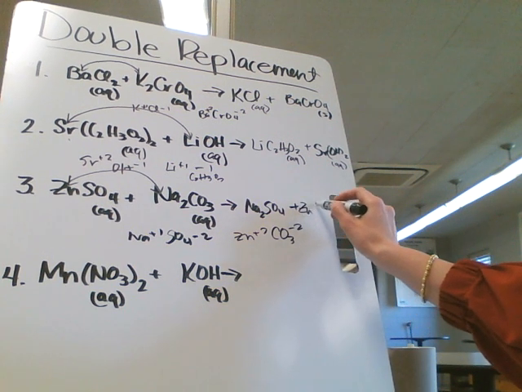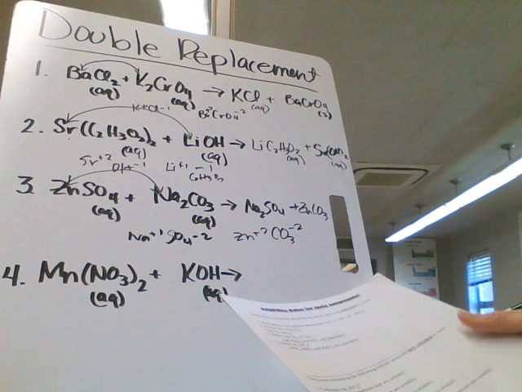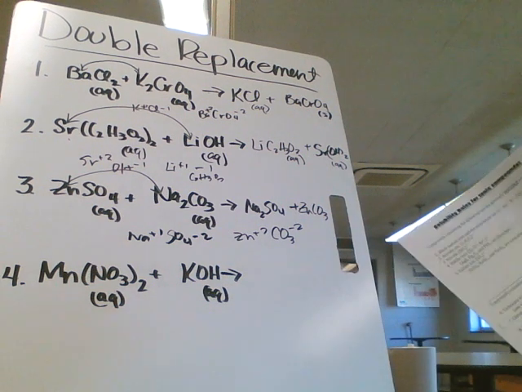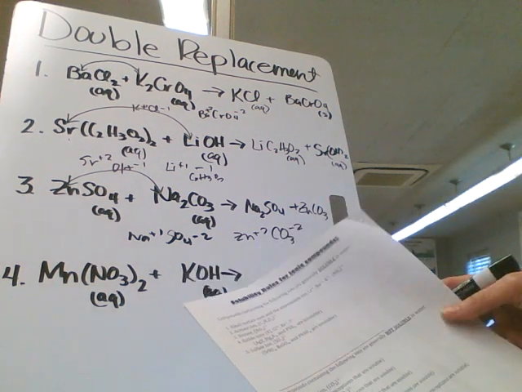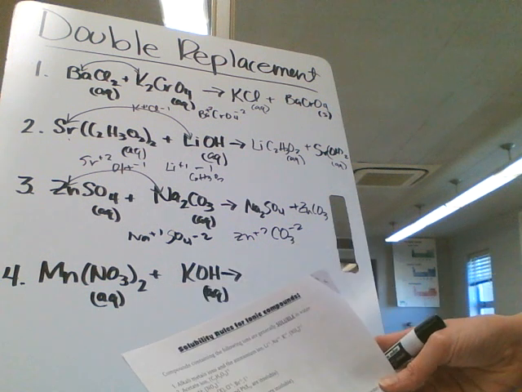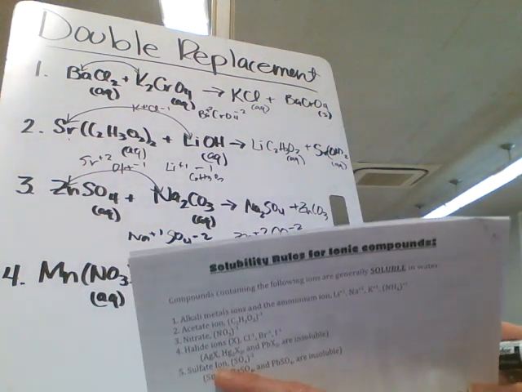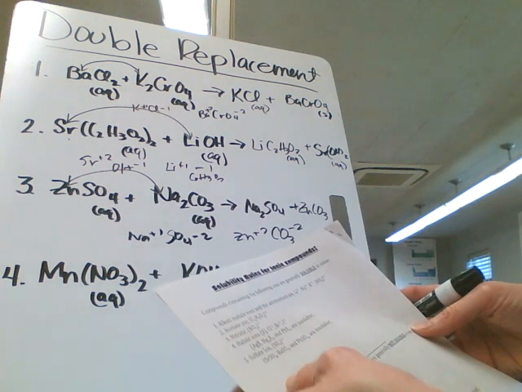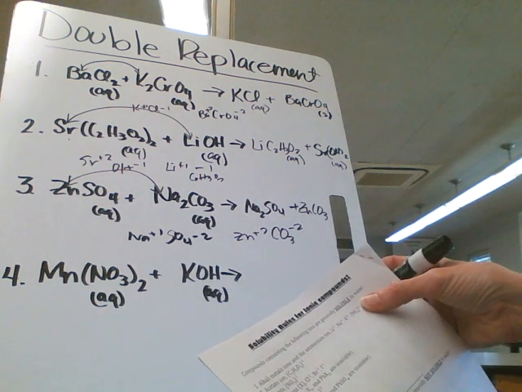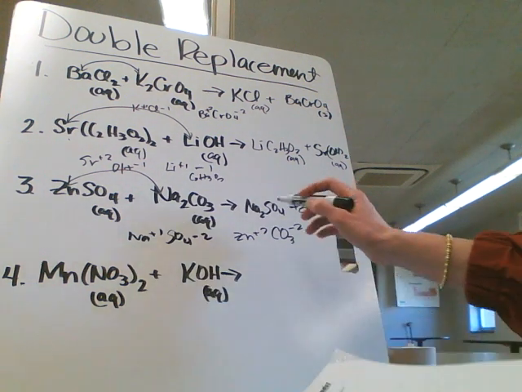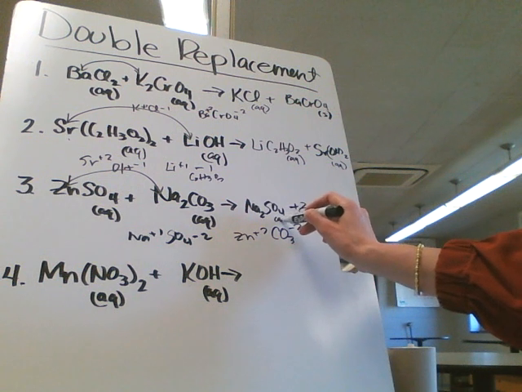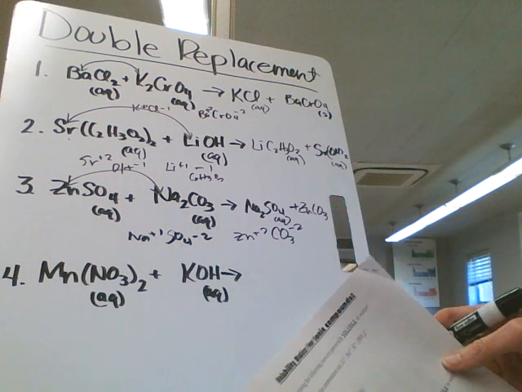So ZnCO3. Those are our two formulas here. Now we have to decide if they're soluble or not. Sulfate rule is number 5. Okay, rule number 5. Sulfate is soluble except for if it's with strontium, barium, or lead. It's not with any of those, so this is going to be aqueous, meaning it's dissolved in water.